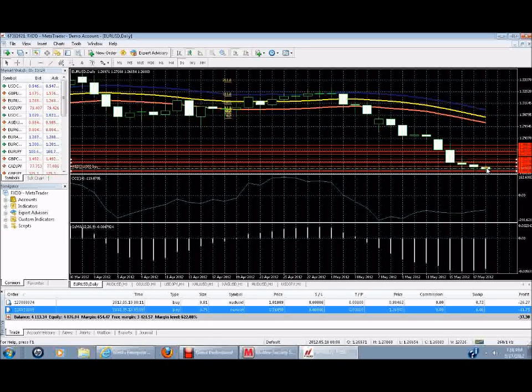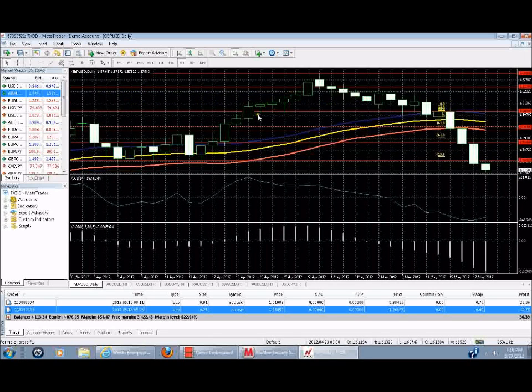Next candle, open lower from the high. Lower. Boom. Easy trade to do. And in fact, we didn't even do it on the Euro US. We did it on the British pound. Look at that. This was yesterday. And it was up right about here yesterday, this area right here, when we said that.